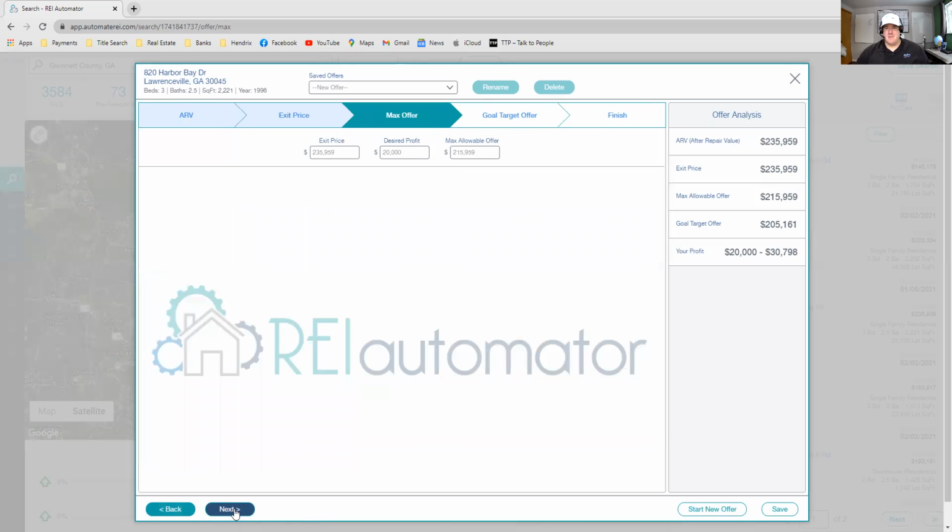It's great if you can sell it for more, so you're going to put in your desired profit. Let's say you want to make $20,000 on it. It's going to give you your wiggle room, which is essentially the amount you're going to negotiate.